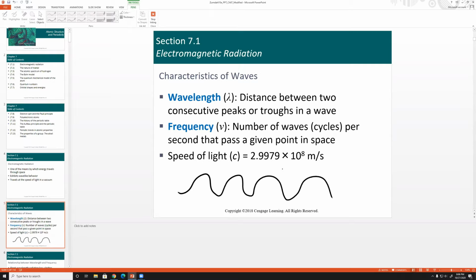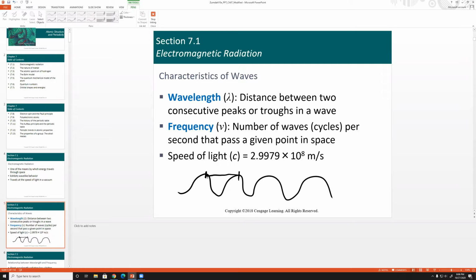So the wavelength is the distance that it takes to go from peak to peak. So that's the wavelength. It's a physical distance, usually measured in nanometers. We can measure it in meters, but usually it's in the hundreds of nanometers, for visible light, UV light, even X-rays it's lower nanometers, but maybe a couple hundred.